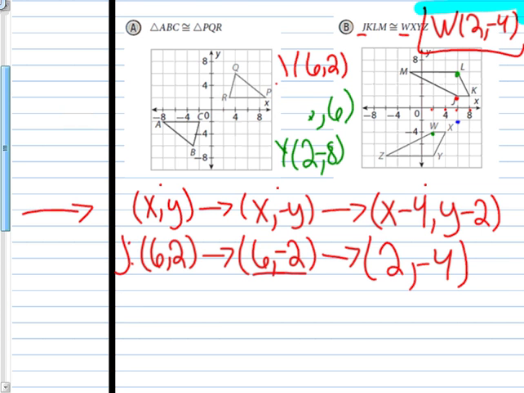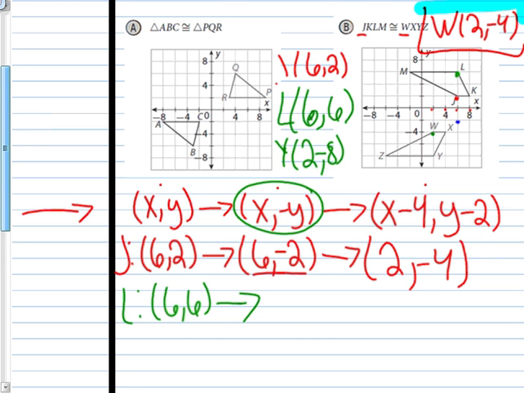Okay, so let's see if we can apply these transformations and end up where L maps onto Y. So L starts off at 6, 6. We need to apply this reflection, and so it becomes now 6, negative 6.